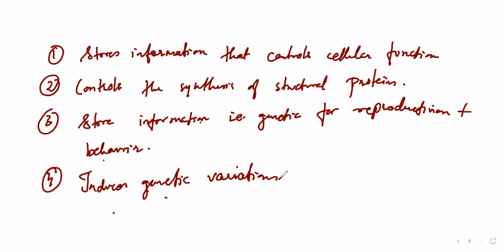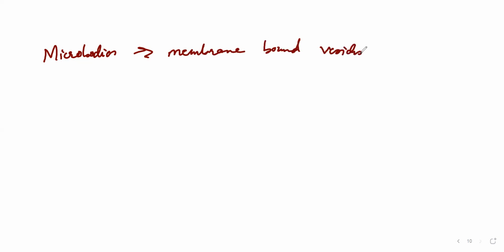Then you have certain small bodies present in the cell, which are called microbodies. Microbodies are nothing but plenty of membrane bound vesicles found in a cell. Those things are called microbodies. So, membrane bound vesicles. And these membrane bound vesicles are having what? Enzymes.